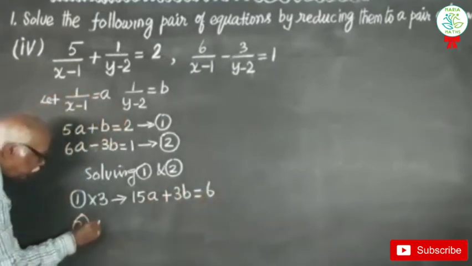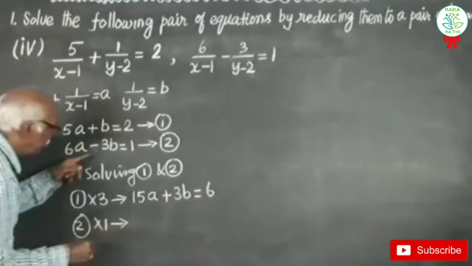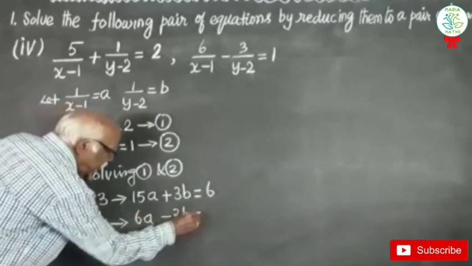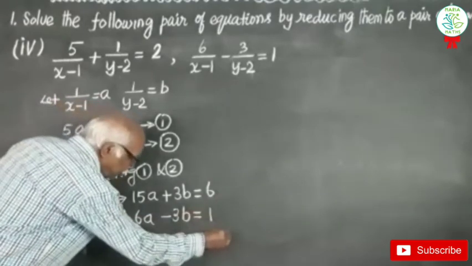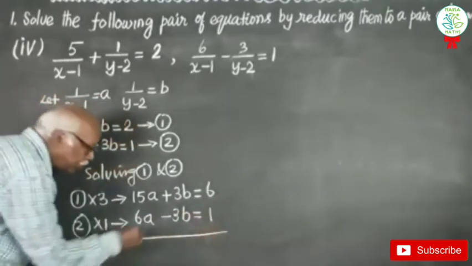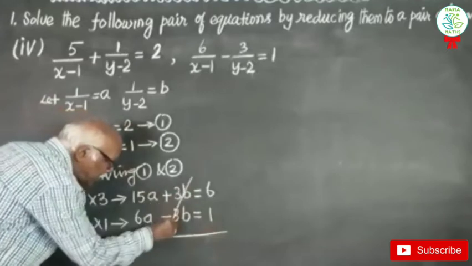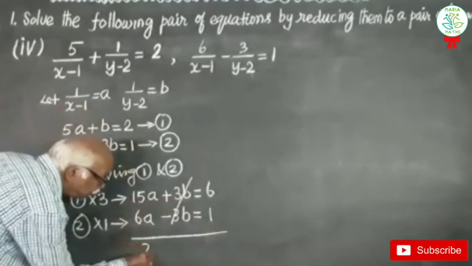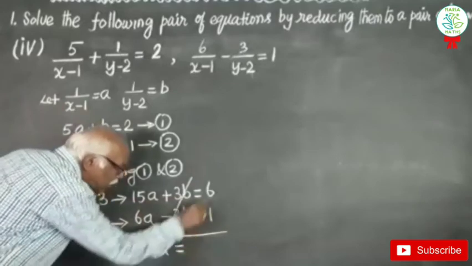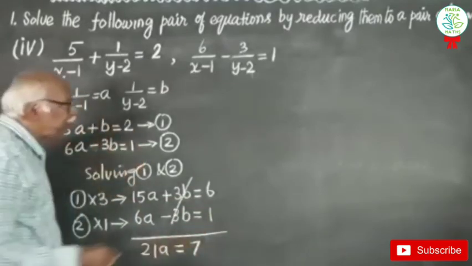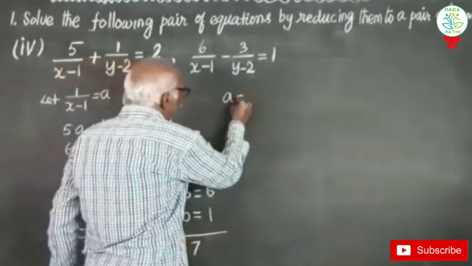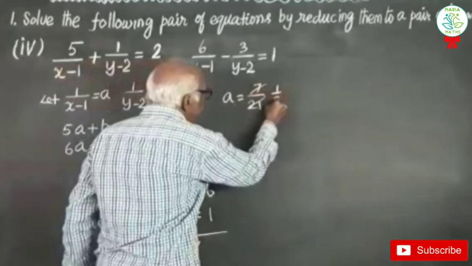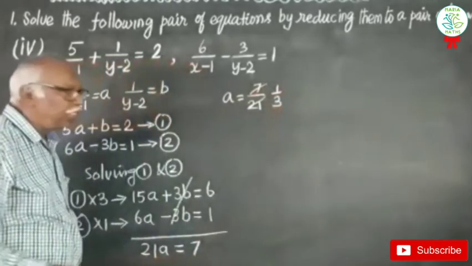Equation 2 into 1: 6a minus 3b equal to 1. Now plus 3b minus 3b cancel. 15a plus 6a, 21a. 6 plus 1, 7. a equal to 7 by 21. a equal to 1 by 3.